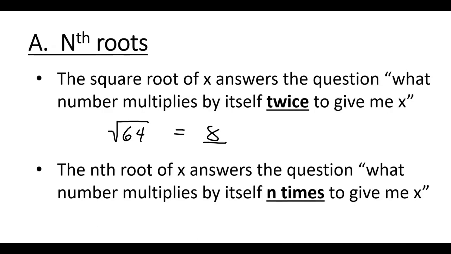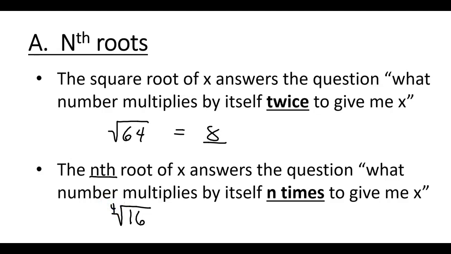So the nth root of x answers the question, what number multiplies by itself n times to give me x? So for instance, suppose I gave you guys this. When I say nth root, that means it could be any number. So in this case, this would be a 4th root of 16.